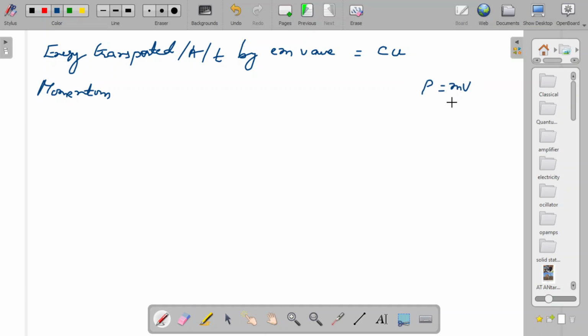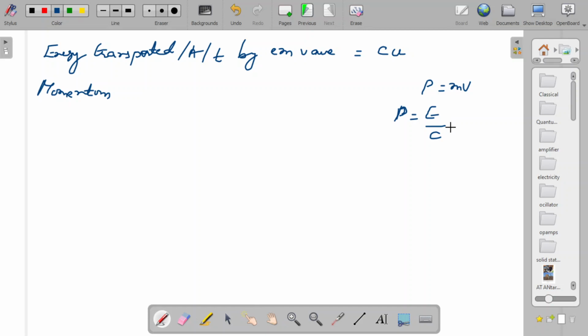Here we don't have any mass, but anything which has energy E will have momentum P as E divided by C, the energy divided by the velocity of light, which for an electromagnetic wave is C. So even though it doesn't have any mass, since it possesses energy, it should have momentum. So it's very important to study the momentum of an electromagnetic wave.